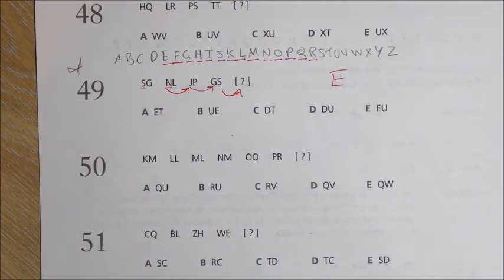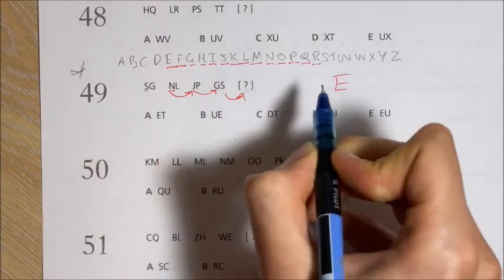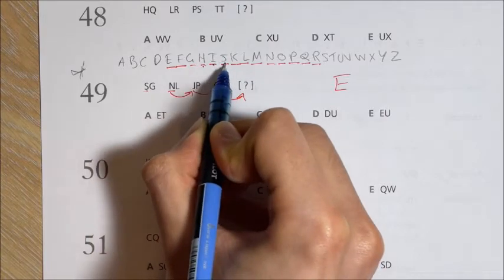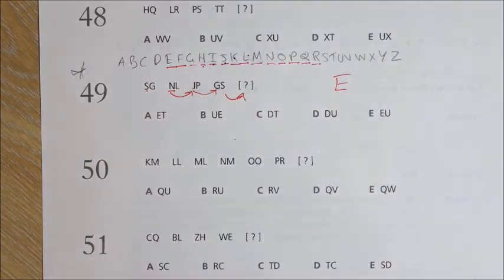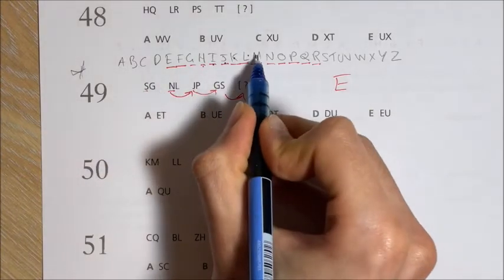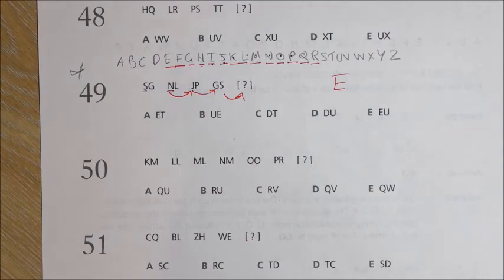If we look at the second letter in our pair, G to L is plus 1, 2, 3, 4, 5 letters. L to P is plus 1, 2, 3, 4 letters. So again, we are following the pattern of decreasing the gap by 1 letter each time.